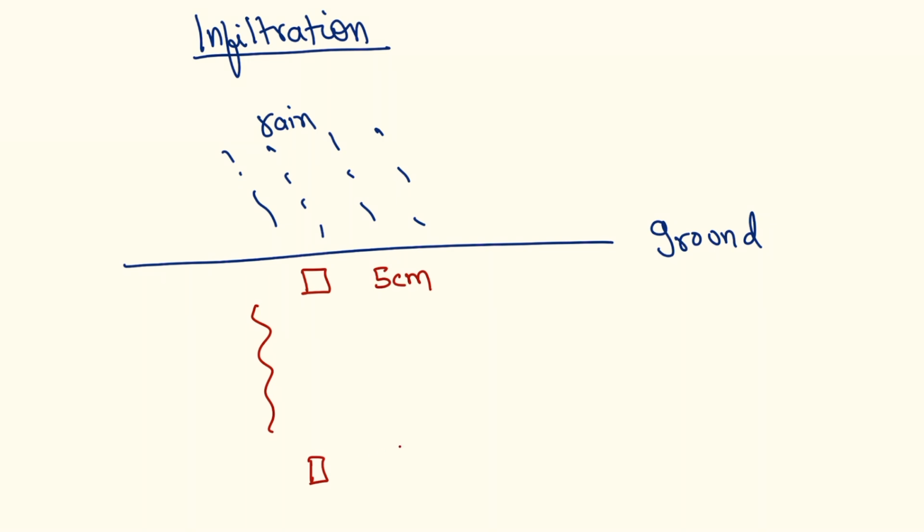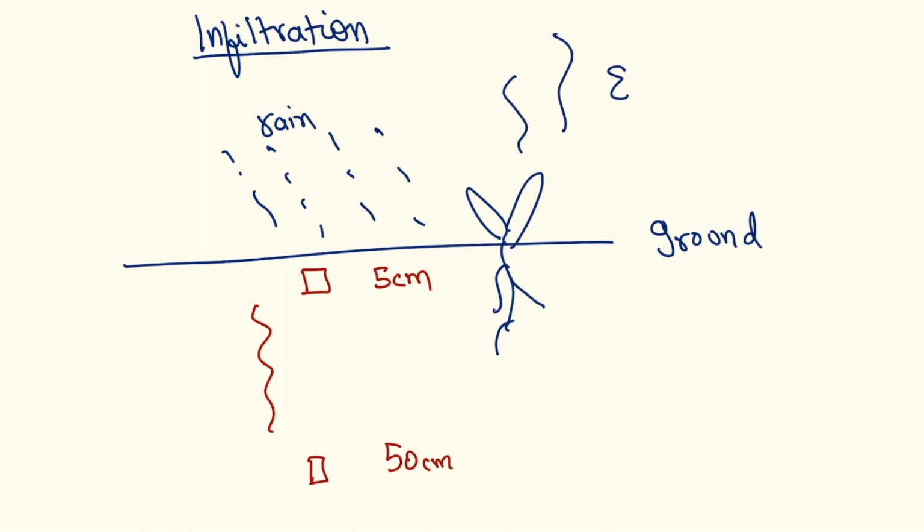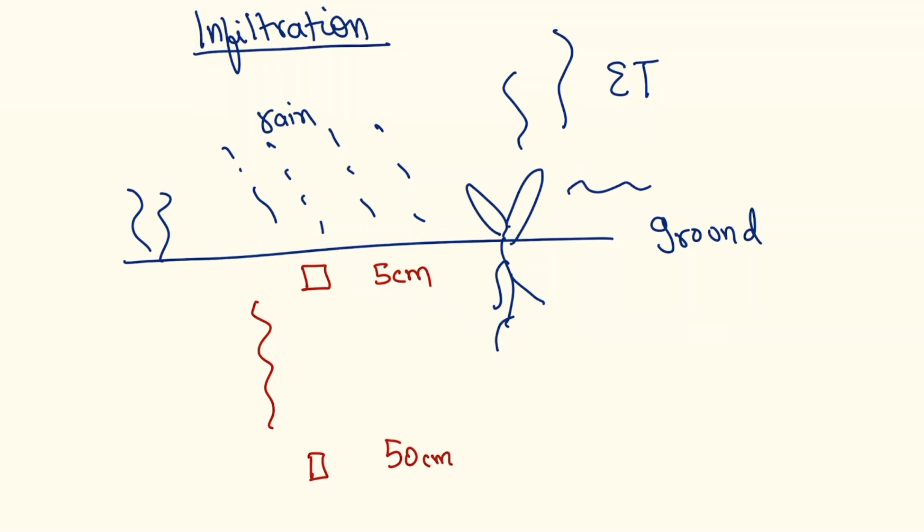There are a lot of things that can happen on the way. The plant roots can take up water before it reaches 50 centimeter and it can go out as evapotranspiration, or it can evaporate from the surface, or even the water can just drain away sideways like runoff.